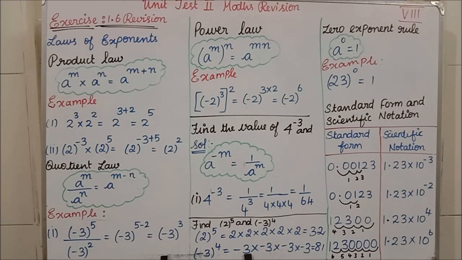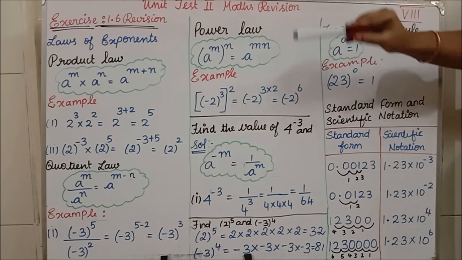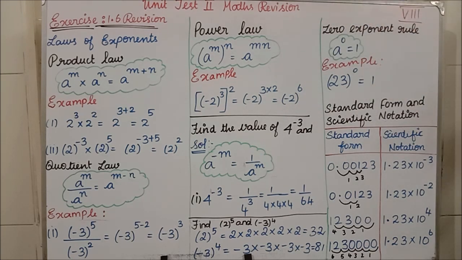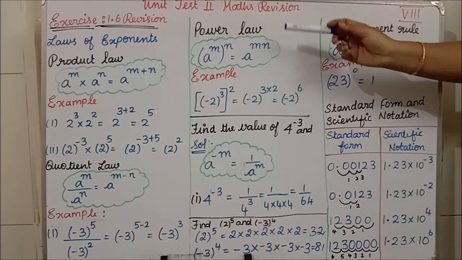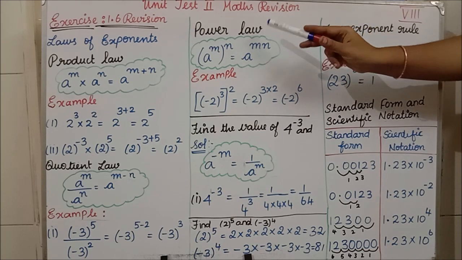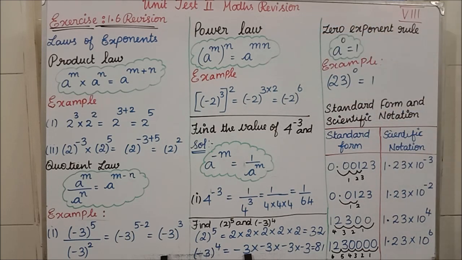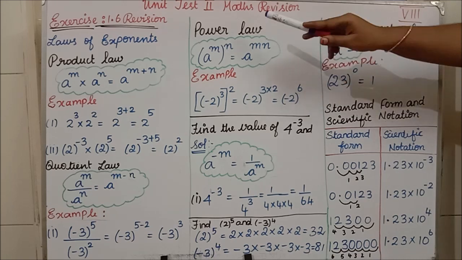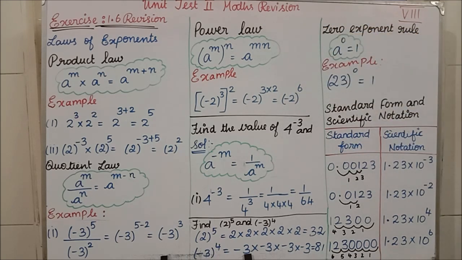Next we'll see the power rule. Power rule is nothing but for the power, another power you will be having. If you see a power m, we are having another power for that, which is n. So in the power rule we have to multiply the powers. m into n is power mn. Clear?